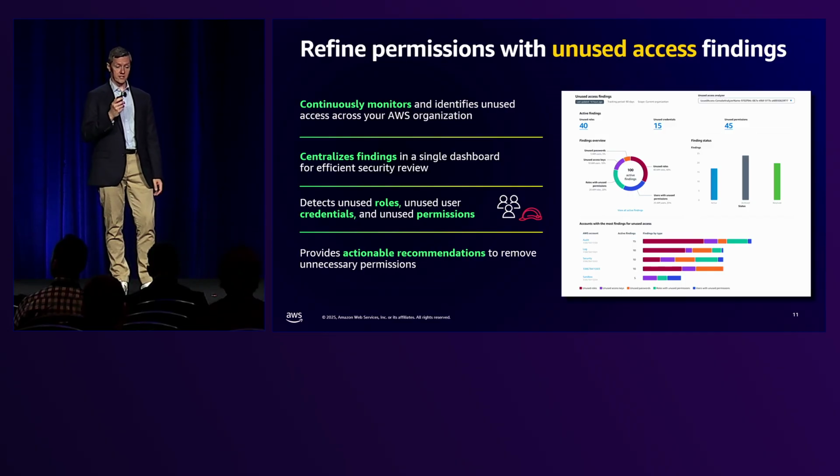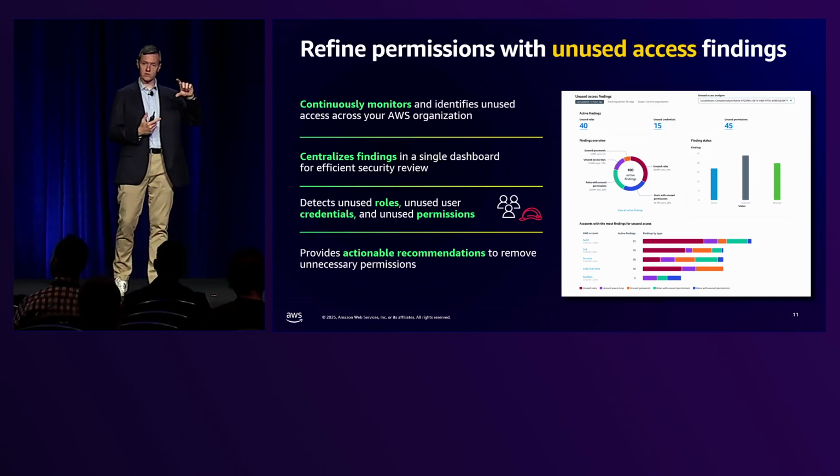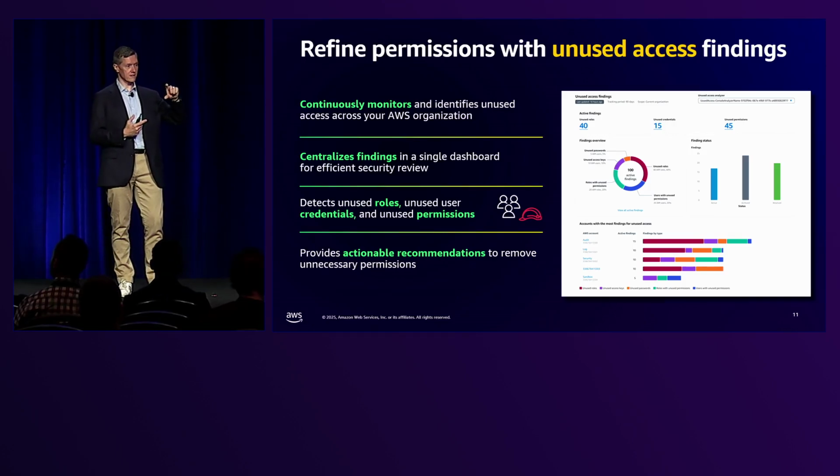Along with this feature, you get a centralized view, a single dashboard that has all the findings. And like I mentioned, it's good for finding unused roles, users, credentials like access keys, as well as unused permissions that are assigned to a given role.